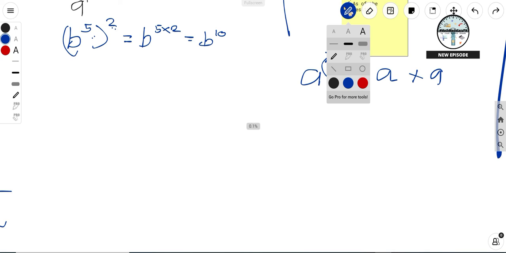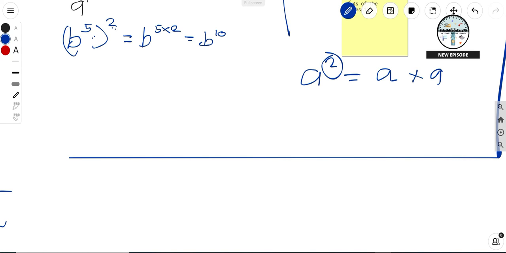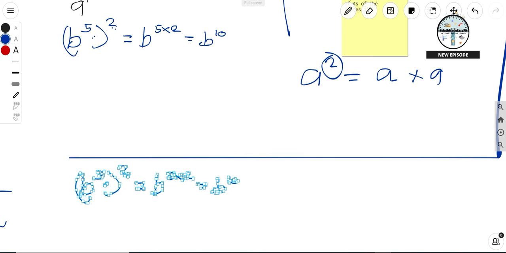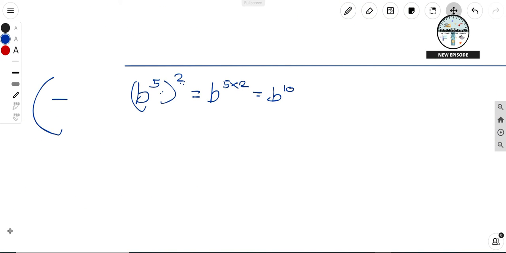Let us use this example. Do you wonder why b raised to 5, the quantity raised to 2, is equal to b raised to 5 times 2, which is b raised to 10?